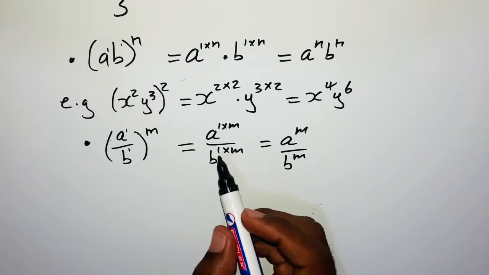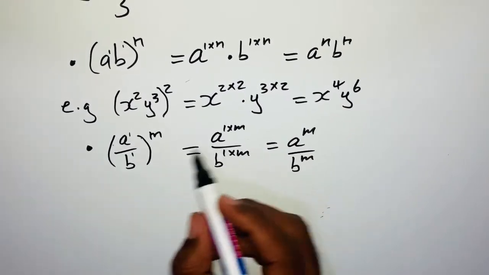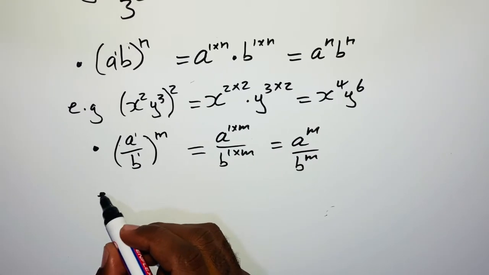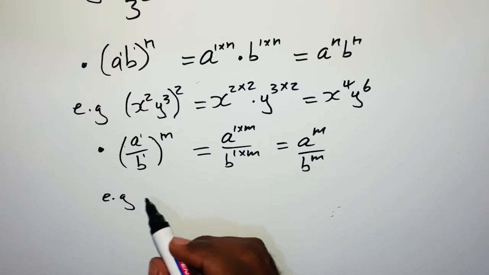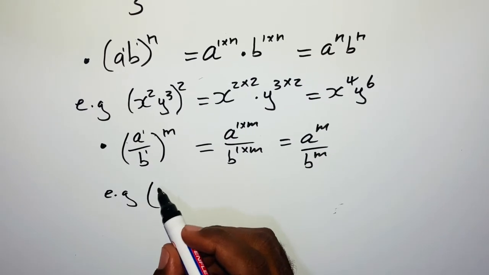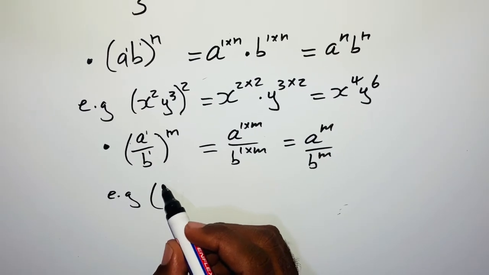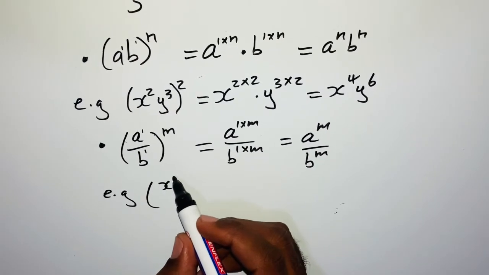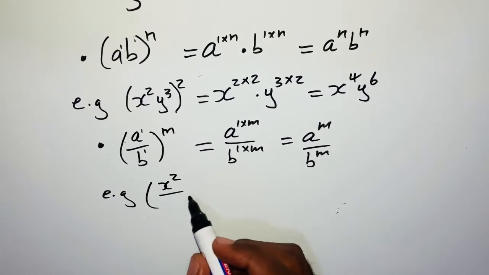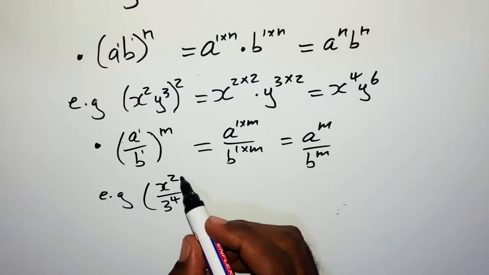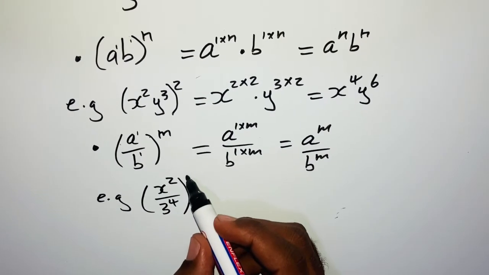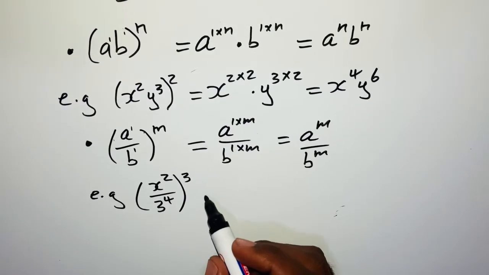Before we go to our fifth law, let's just give an example for this one, where we are having x to the 2 all over 3 to the 4, to the exponent 3.